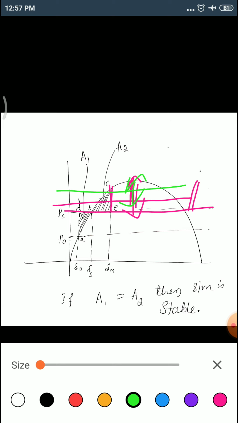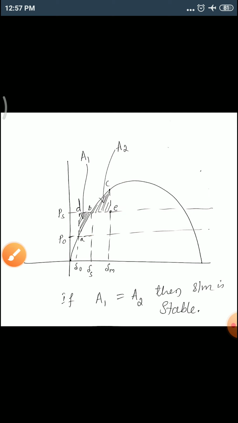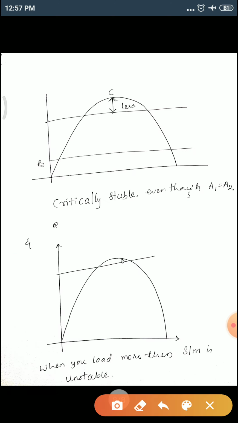If you put some more load, then also sometimes we can say yes, but if you put a bit more load, then the area starts decreasing. Such conditions are called critically stable systems. If you increase PS much more, the area will start decreasing.